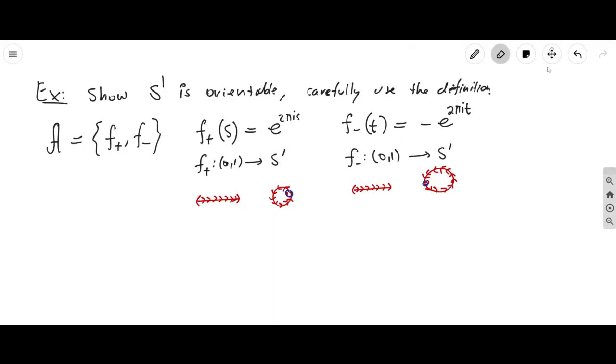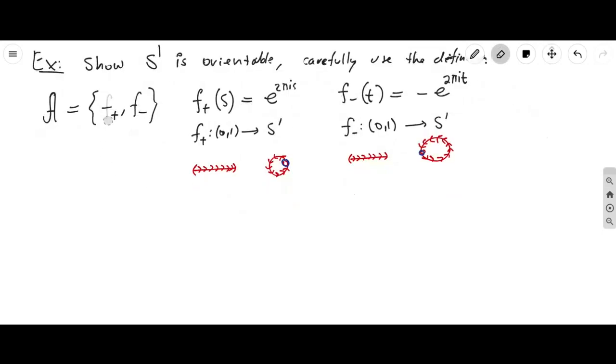But to carefully show the definition, we need to check the change of coordinates. Here there's only two charts to use. So we have f plus composed with f minus inverse. You really have to do it for 4 combinations. You have to do f plus composed with f plus inverse, but then there's nothing to check. That's just the identity. The same thing with composing f negative with its own inverse.